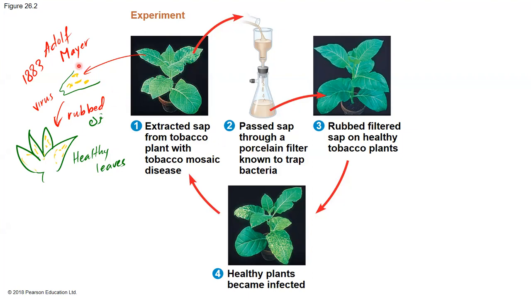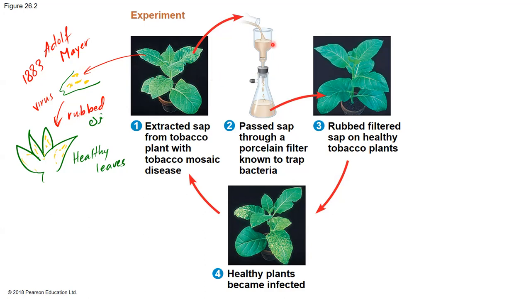After Adolf showed that he could transmit this disease from infected plants into healthy plants, other scientists suggested that it might be bacteria causing this disease.